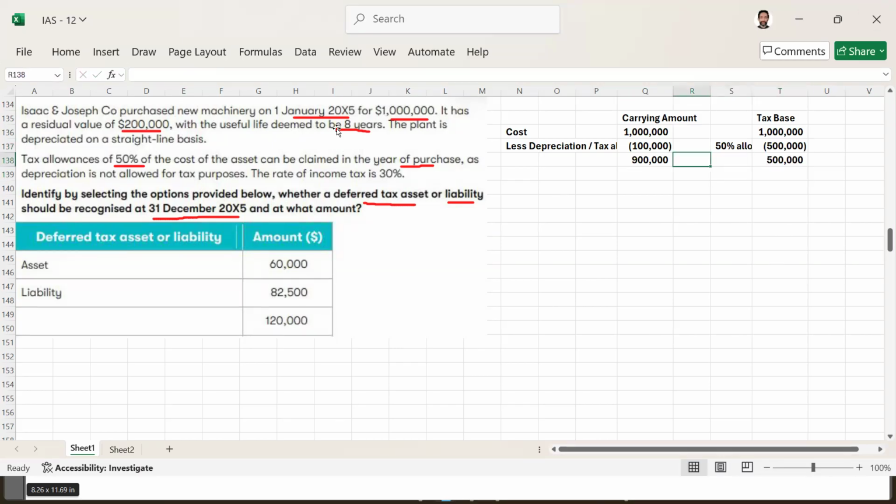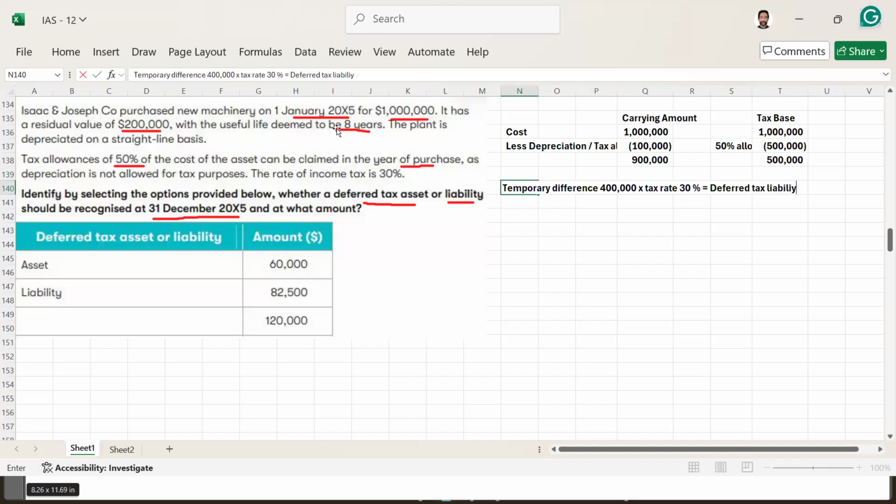So the difference between the two, we can call it the temporary difference, would be 400,000 here, the difference of the two. We multiply that by the tax rate, which is 30%, which leads us to the deferred tax liability.